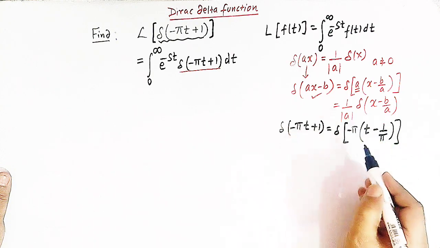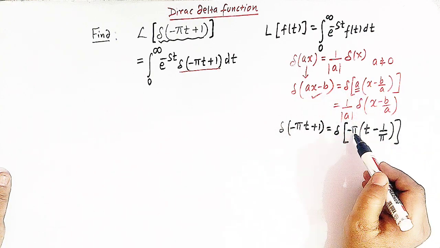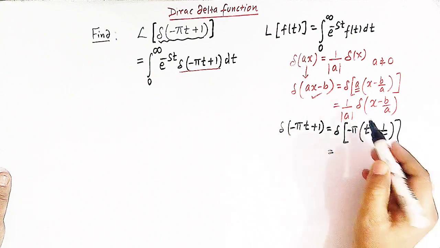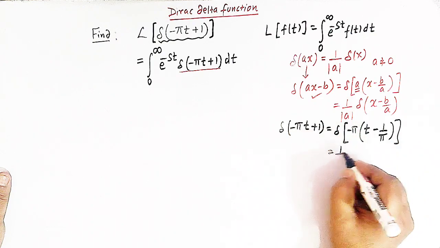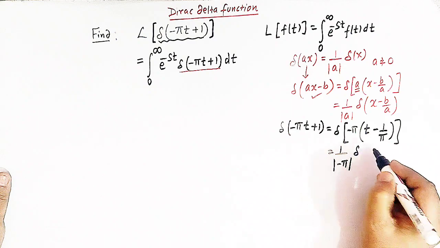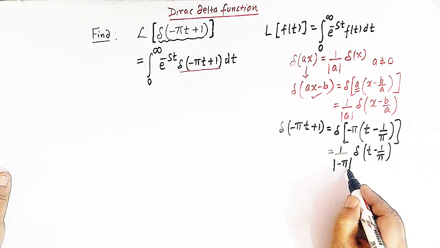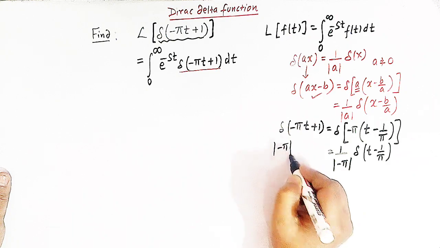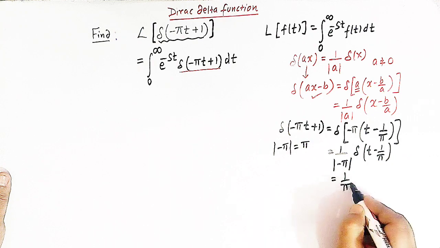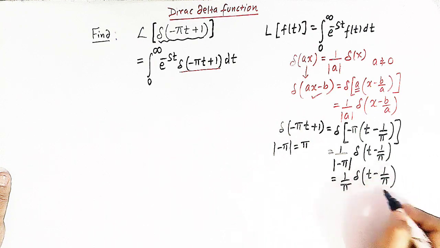This delta function is similar to the property, and here the value of a is minus pi. Applying the property, we have 1 over mod of minus pi, and delta of t minus 1 over pi. Mod of minus pi is simply pi, so we have 1 over pi delta of t minus 1 over pi.